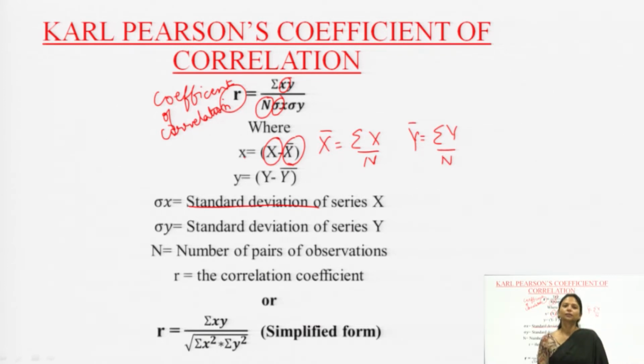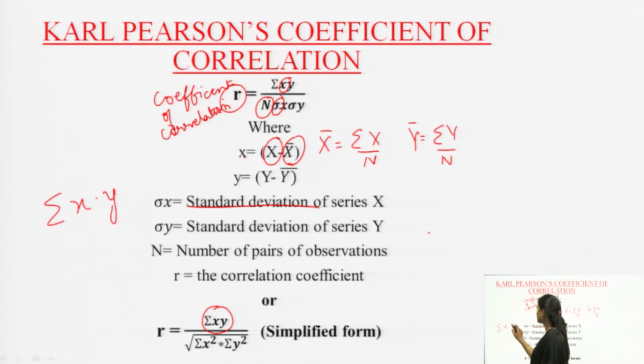But this formula was further simplified and we had a simplified formula as r is equal to summation of x y, this is summation of x into y, that is we are multiplying these two, and in the denominator we have the square root of summation of x square multiplied by summation of y square.